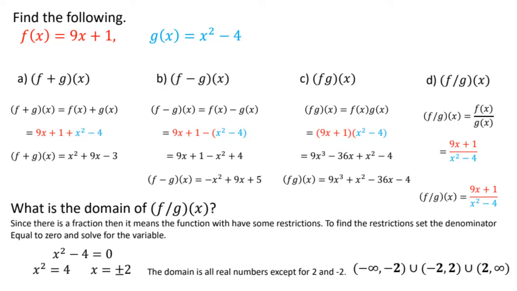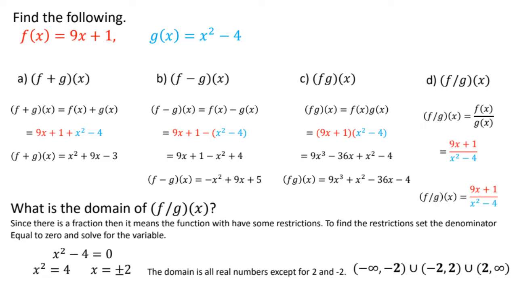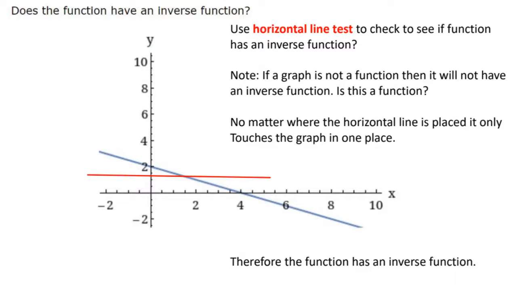So if we don't see it, we set the denominator equal to 0 and find out if there is an x value that will give us 0. When we do that, we find that if x is equal to plus or minus 2, we're going to get 0 there. So our domain in interval notation would be from negative infinity to negative 2, union from negative 2 to 2, and union from 2 to infinity. Okay. All right.